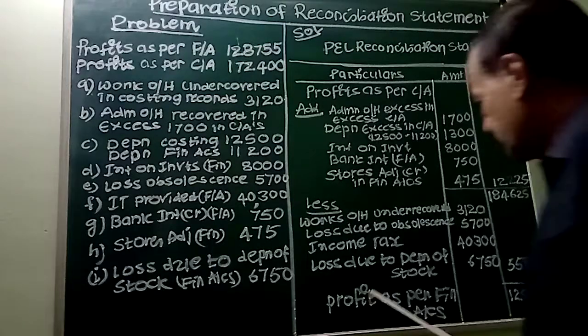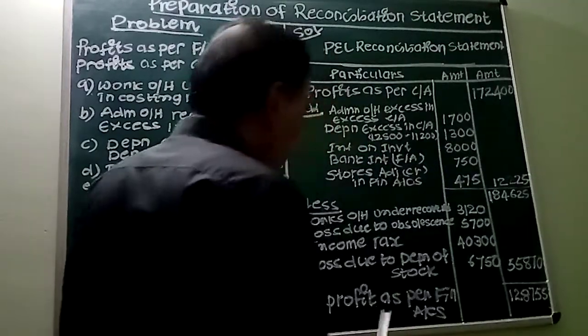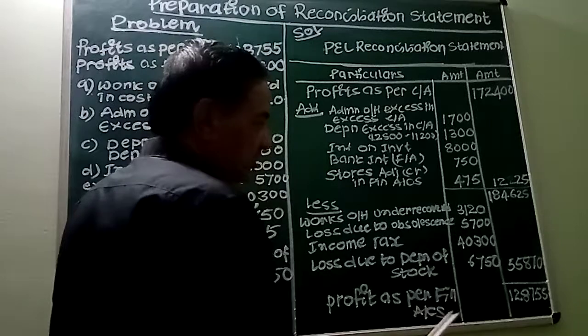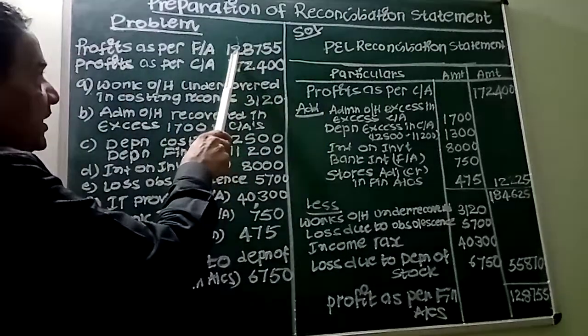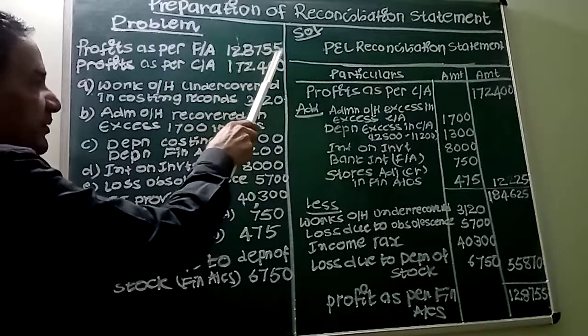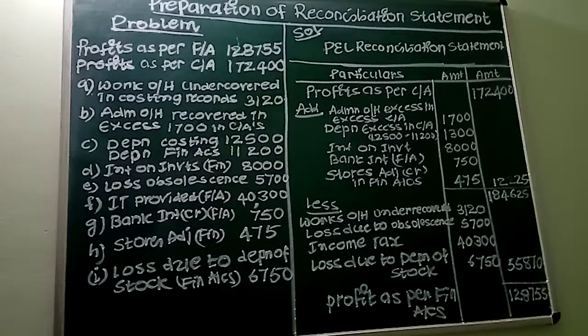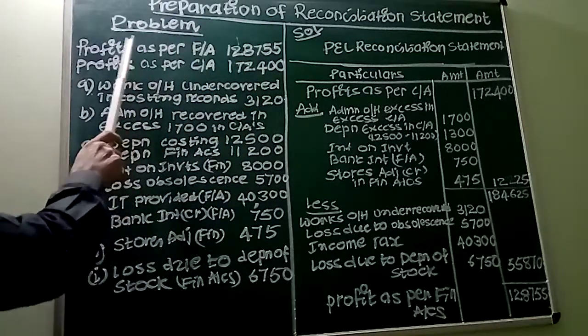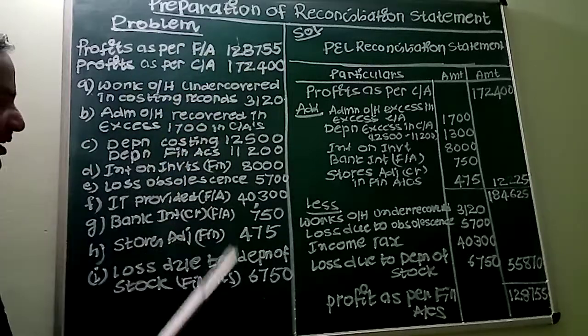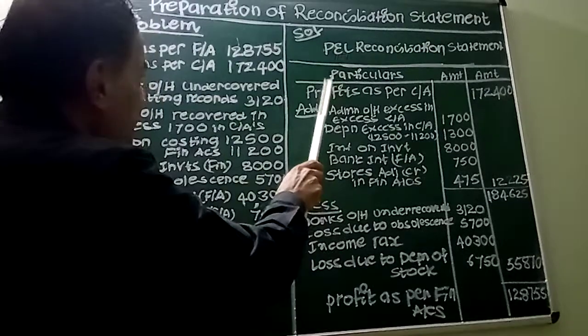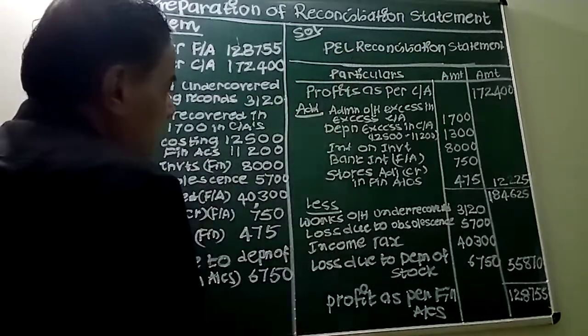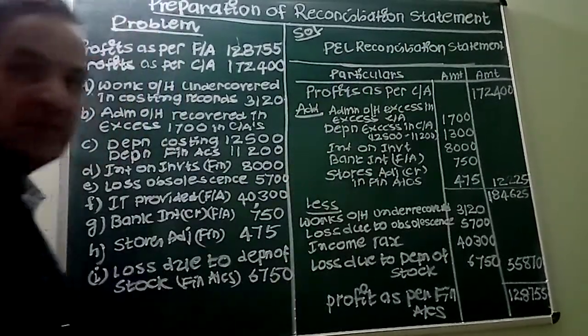When you deduct it, you will get profit as per financial accounts. This is 1,28,755. See, this is very important point what is to be taken into consideration. So take all these items. So add and less. See, that is the way how to prepare the profit and loss reconciliation statement.